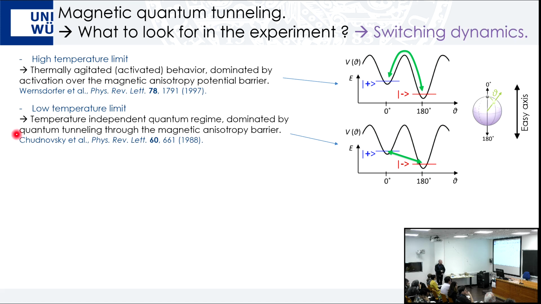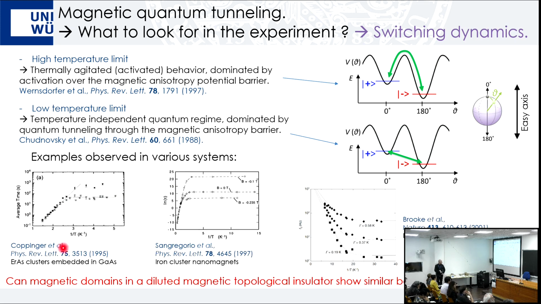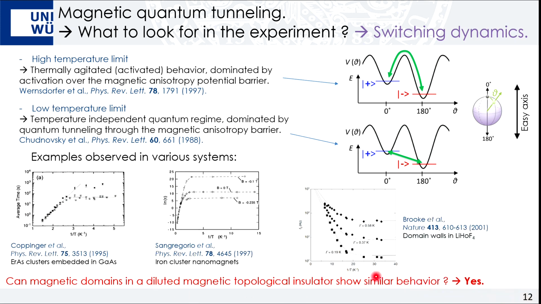So actually, if you're in a regime where you expect to see quantum tunneling, you expect to see thermally activated behavior at high temperature, and at low temperature, you expect to see a saturation of the dynamics. And this is, in general, nothing new. This has been observed in many material systems already, almost 3 decades ago. These are some examples.